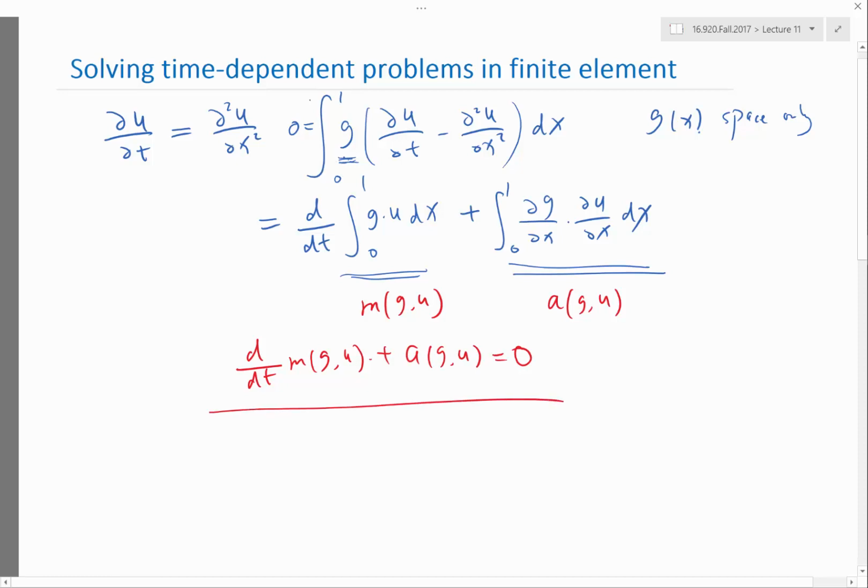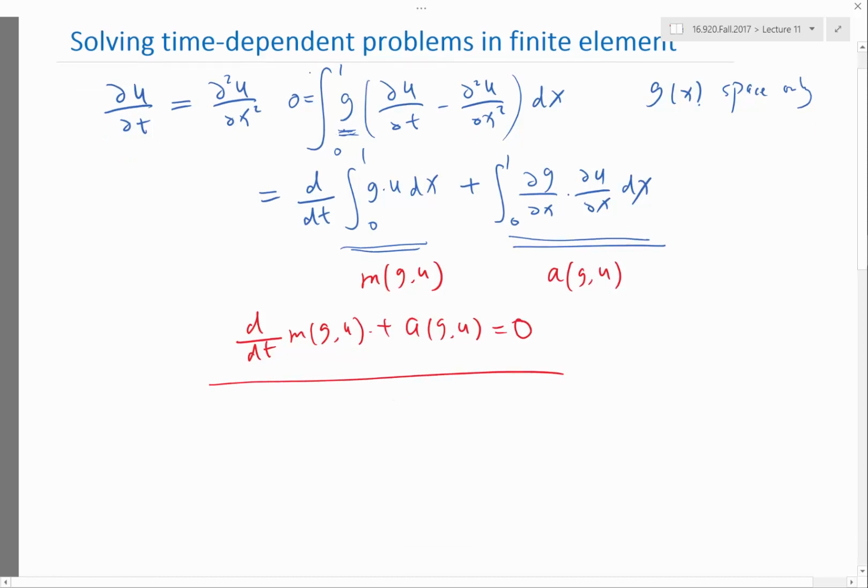This gives me a chance to discretize the system. I still enforce u to be within the space X with a zero Dirichlet boundary condition, and I still have g in the same space. So I enforce u at any particular time to be in this space, and this space is a function of space only. I'm not considering time.